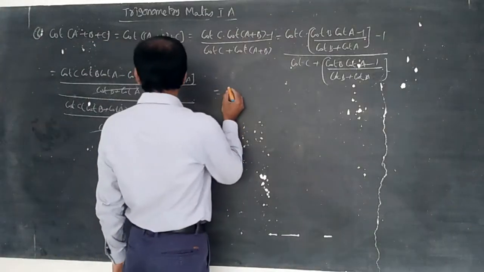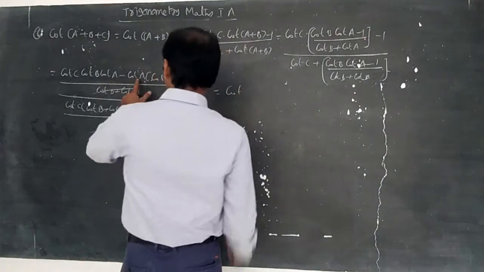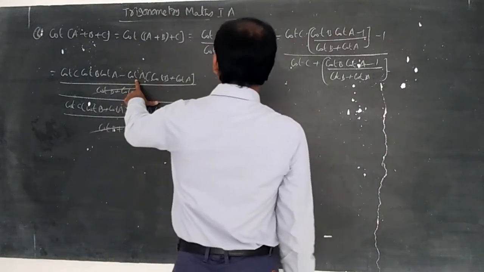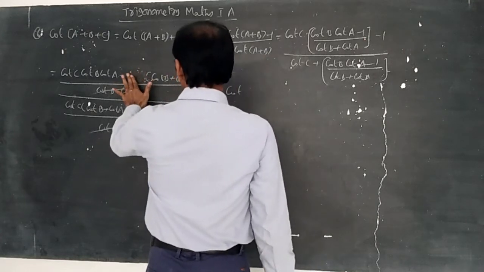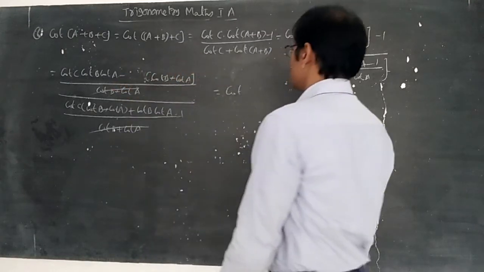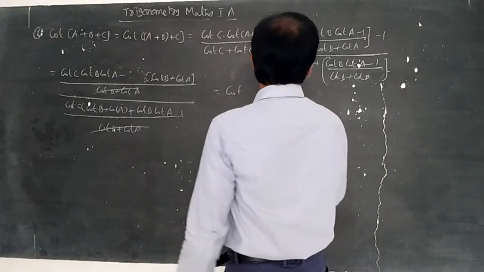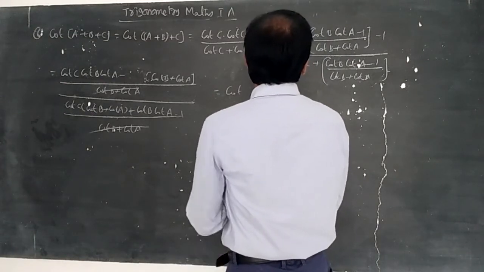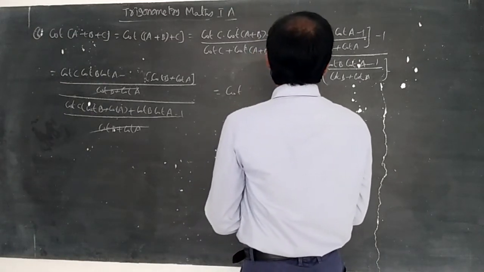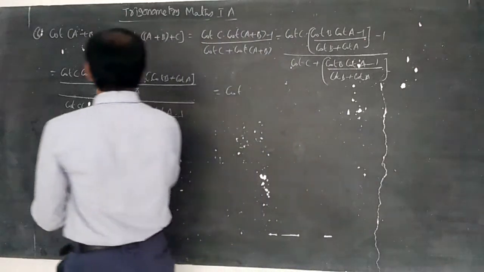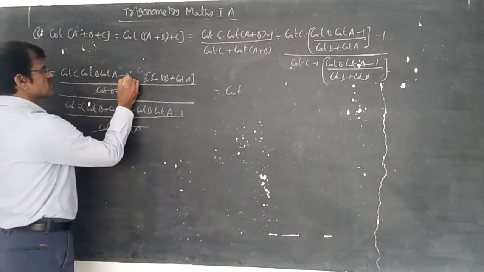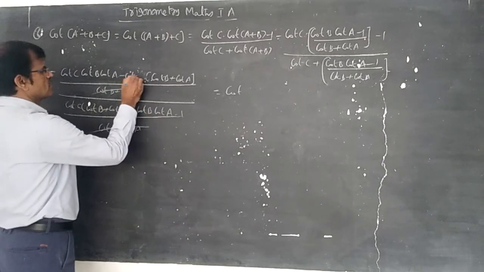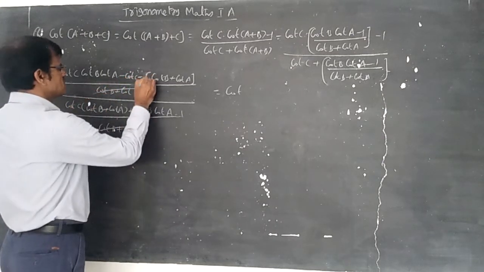Now you can write here cot A, simply minus cot B plus cot C. Cot B, cot C, 2 cots minus cot C is there. Cot C, cot B, cot A minus simple cot C. Minus of this one, it is correct.